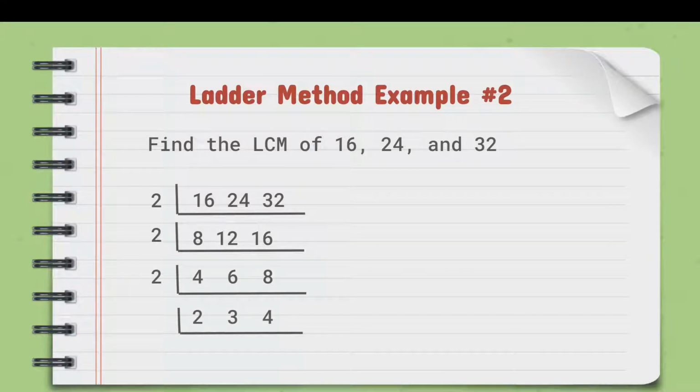So I would guess that most of you have gotten to this point and just multiplied the outer numbers. But if you do that, you will get 192, which is not the LCM. If you look at the remaining numbers 2, 3, and 4, 2 and 4 are still divisible by 2. When you're trying this method, make sure that no pair of numbers is any more divisible.